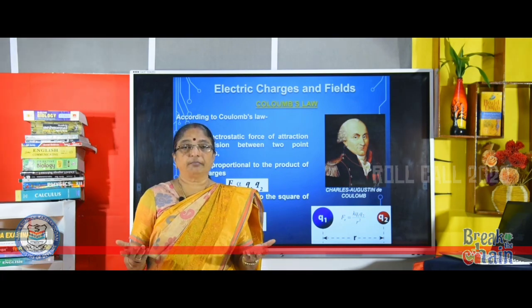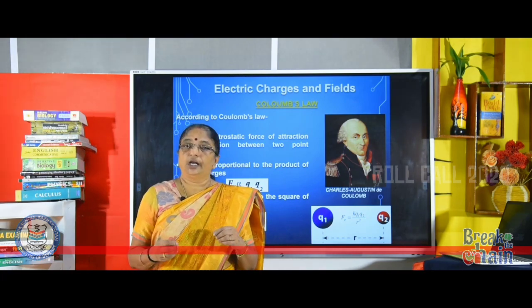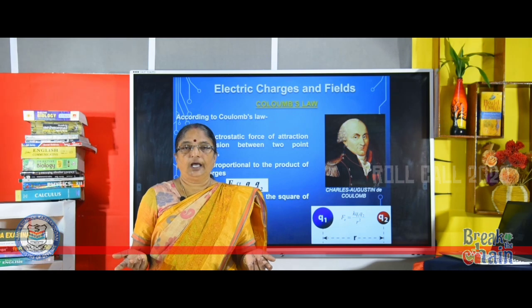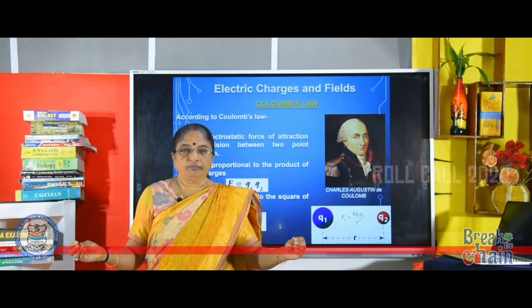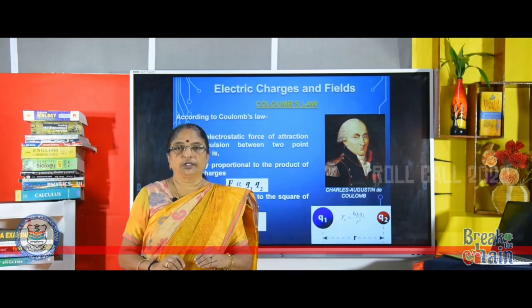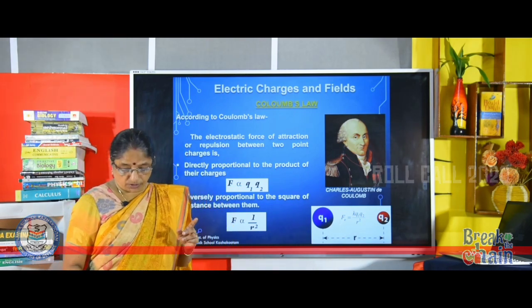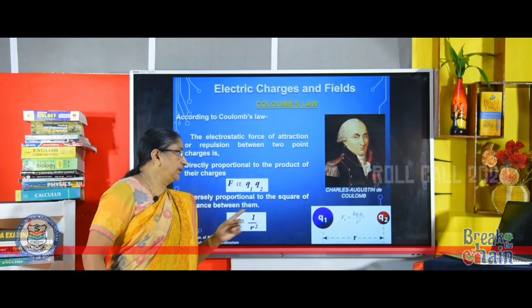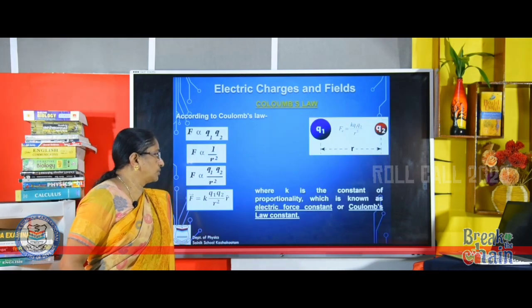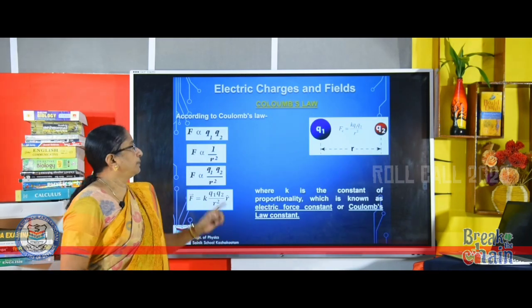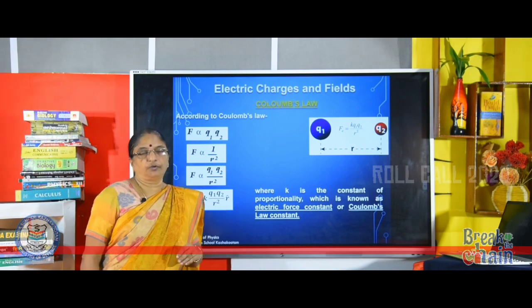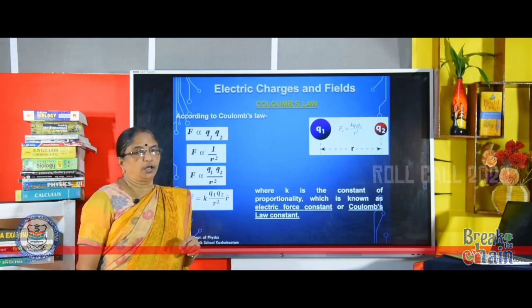So, larger the magnitudes of the charges, larger is the force, and farther the distance between them, lesser is the force between them. When you combine both the proportions, you get the equation for Coulomb's law. F is directly proportional to Q1 into Q2, F is inversely proportional to R square.